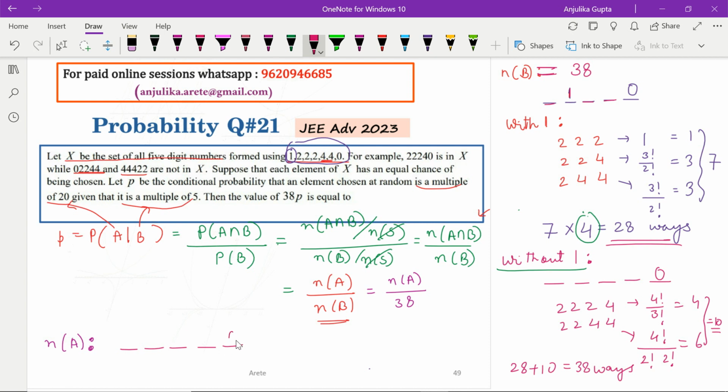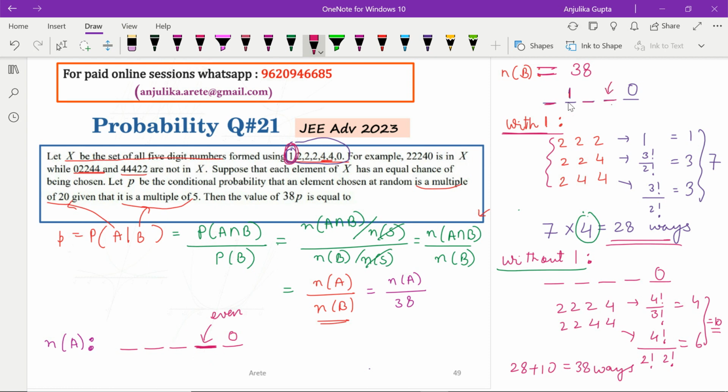What kind of 5-digit numbers would be in NA? Of course, the last digit still has to be 0. But the fourth position has to be even, it can't be an odd number. That means the only odd digit given to you is 1, and this position shouldn't be taken by 1, that's all. So we move back to the case with a 1. Everything follows the same, just that 1 shouldn't occupy this position.